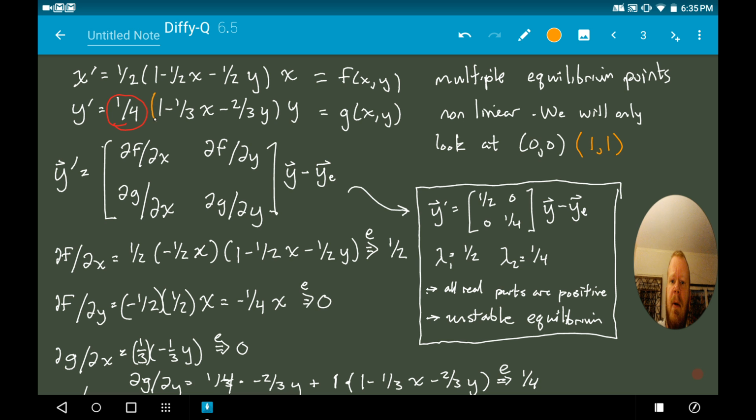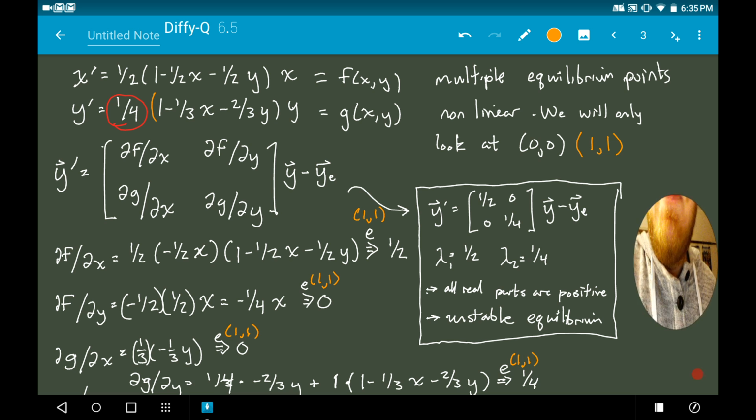If you plug in 1 to all these spots in here, then instead of evaluating at 0, 0, you're evaluating at 1, 1. And let me think about what those points look like. So we have a little chart here.